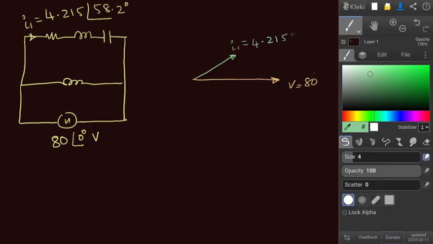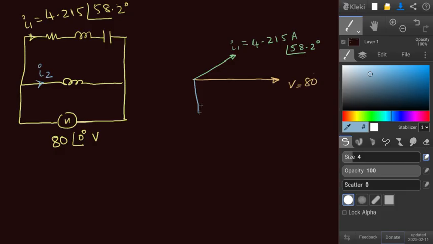So now is the important point that you need to understand here. I have drawn the voltage vector and current vector. If I label the current in the new branch as I2, what will be the relation between I2 and V?